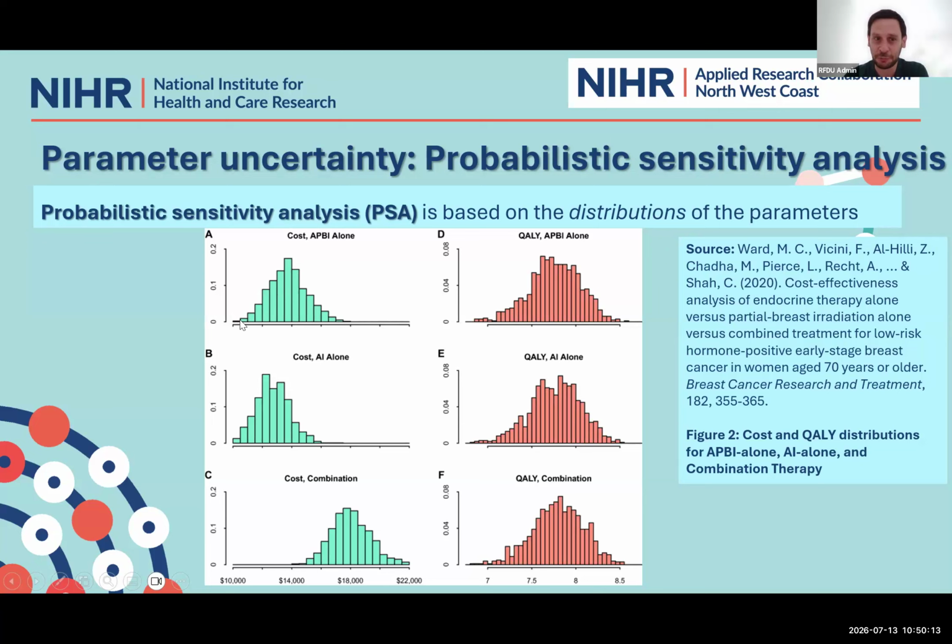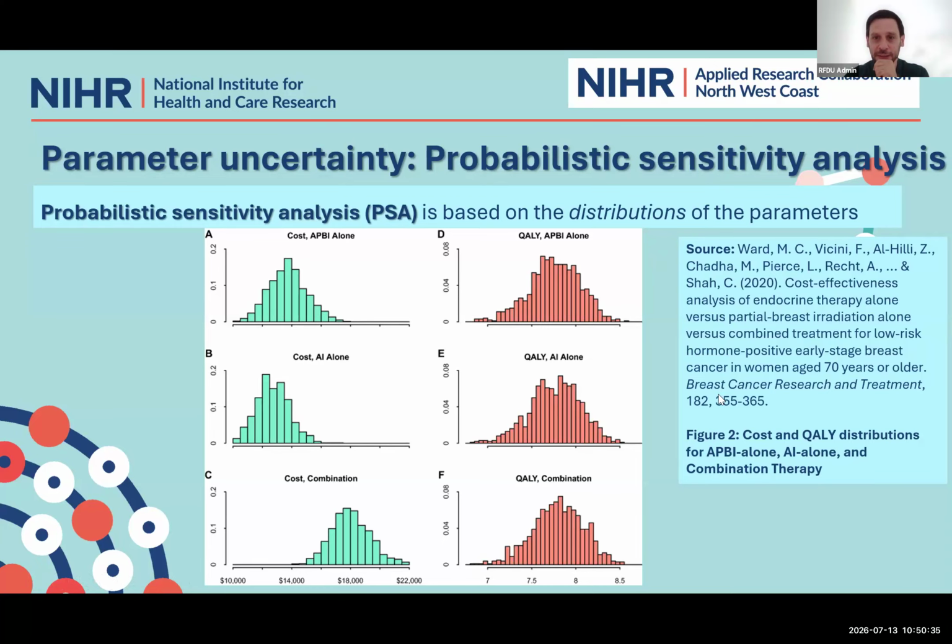So these values will be drawn less compared with these values here, if you see what I mean. It's more likely to draw this value compared with these ones. Is that clear enough? Okay, so hopefully that's clear.